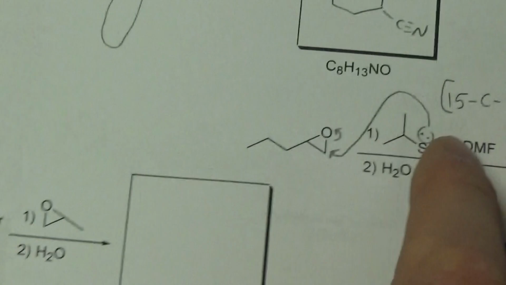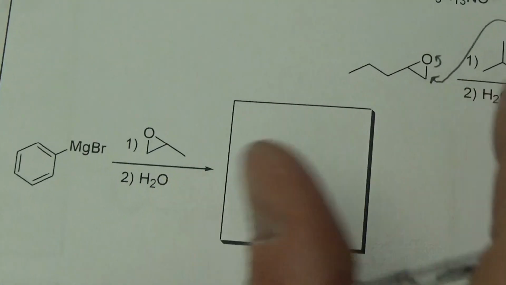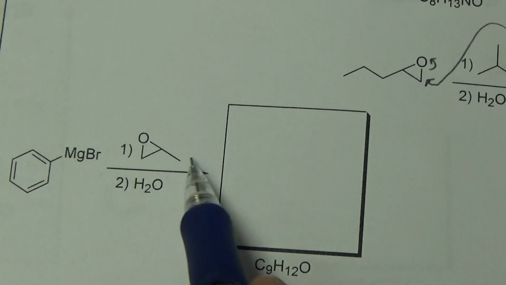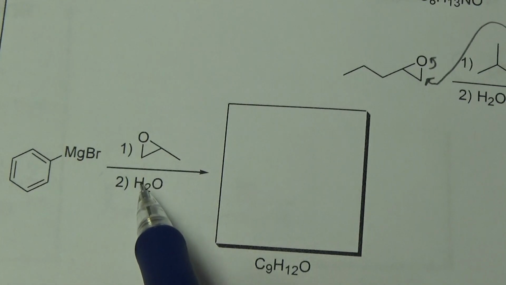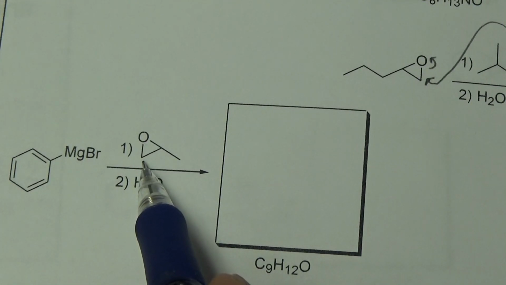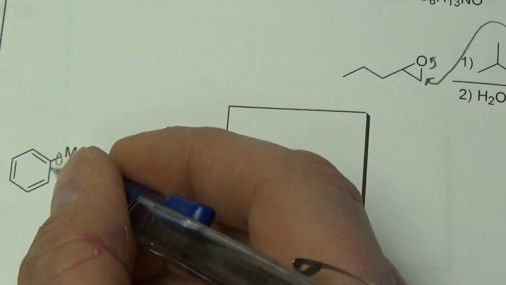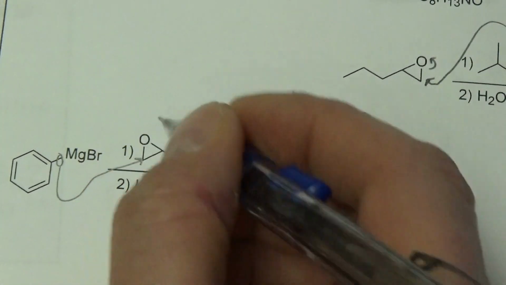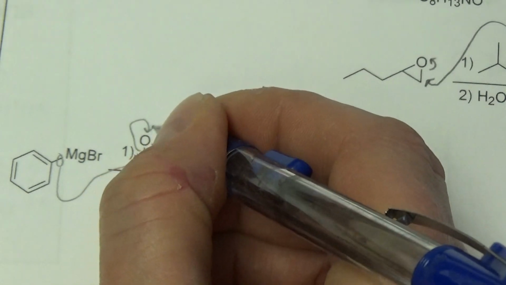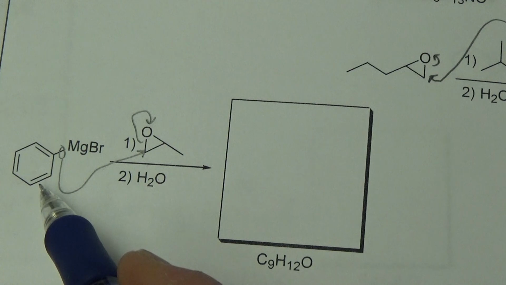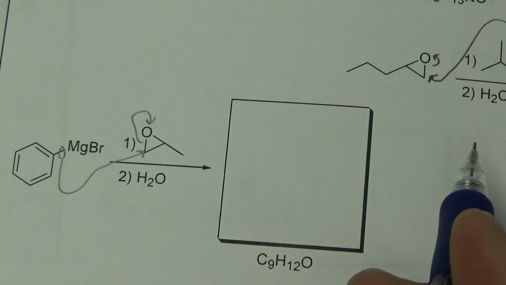Cool. Alright, now this is also the case for Grignards. So this Grignard, a phenyl Grignard, is attacking a 3-carbon epoxide. Are we going to attack from the left or the right? We're going to attack, in this case, from the left, the sterically more available side. Mini mechanism. So the product has 6 carbons on the left, 3 on the right, so 6 plus 3 is 9.